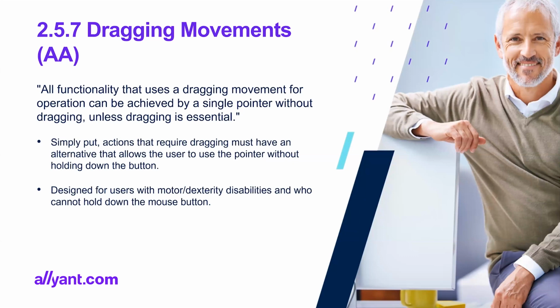It says you have to have a way of doing it with the mouse pointer, but without holding down the button. So whether you allow the user to click once and then click again, or maybe you click and a series of controls appear that allow you to select from an option to perform that same task. However you seek to approach it, you shouldn't have to click and hold down the mouse button in order to perform the operation.